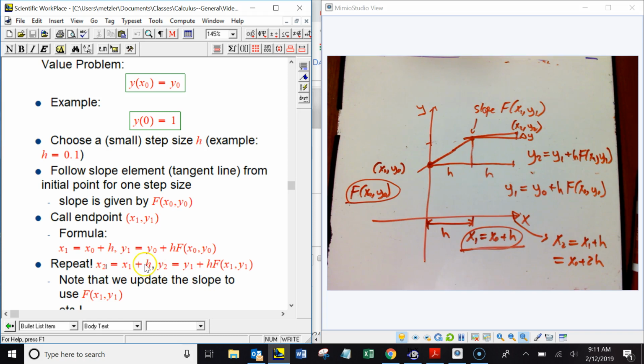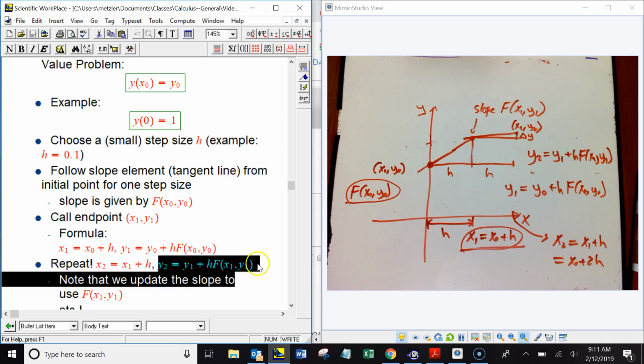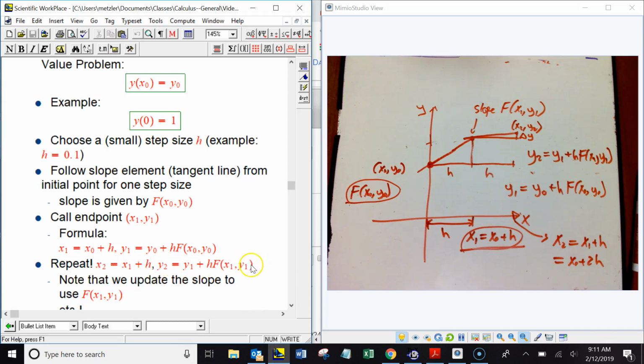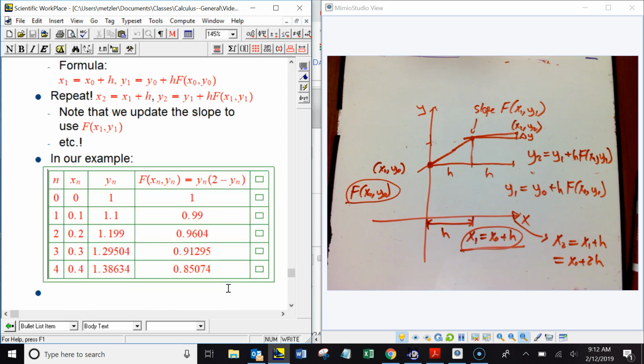So these guys have a very simple master formula. It's just x0 plus n times h. But here, you can't just summarize this in one simple master formula and cut to the chase. You have to do it recursively. Each time you're creating a new y out of the old y plus the step size times the appropriate slope.